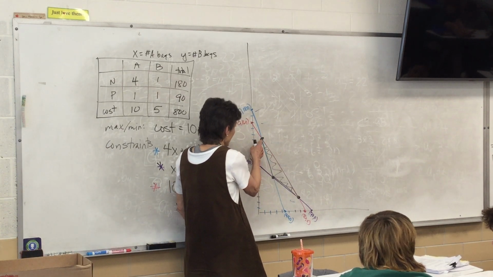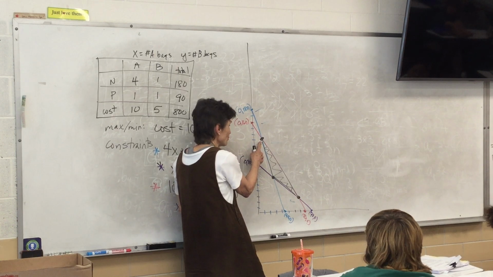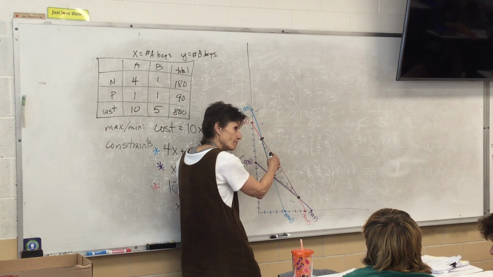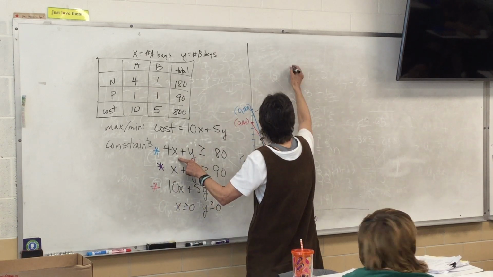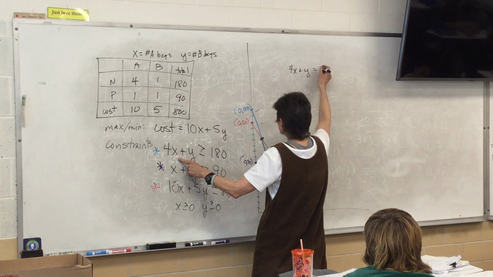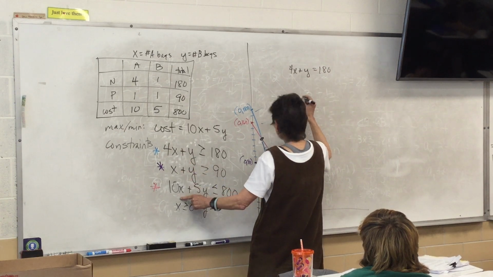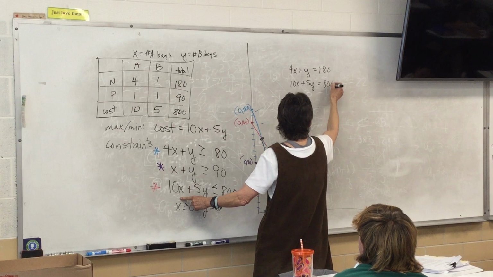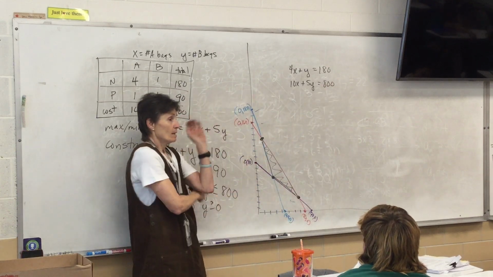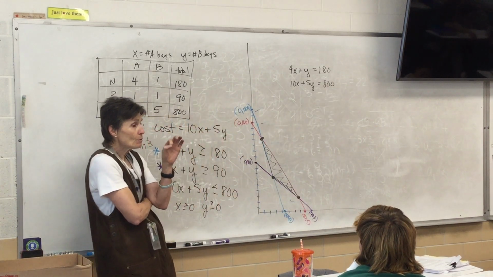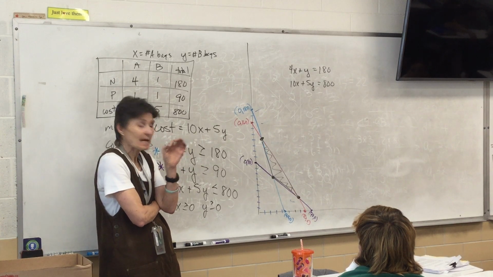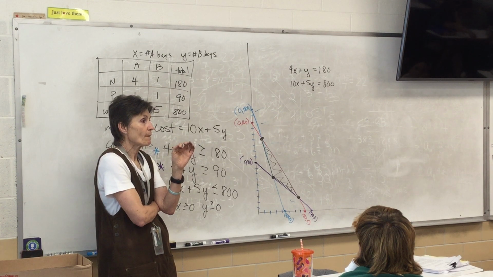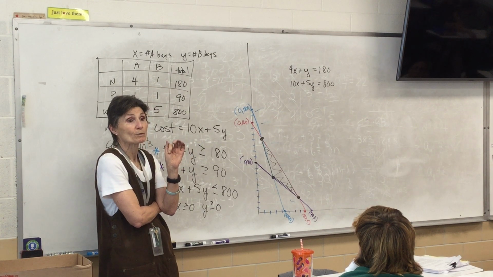All right, so this point, I'm just gonna start with this one. This one is the intersection of blue and red. So blue is 4x plus y equals 180, and red is 10x plus 5y equals 800. You can maybe tell what that point of intersection is from your picture, but I don't want you to rely on that because the intersection is not always whole numbers.